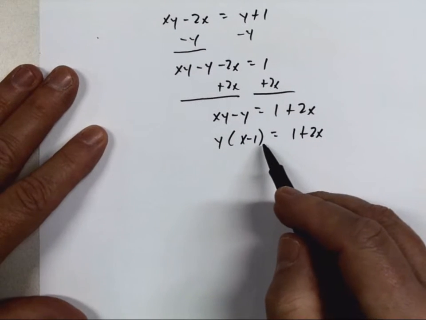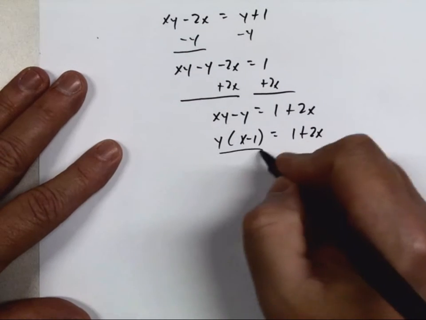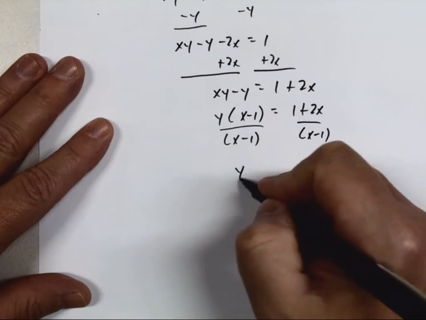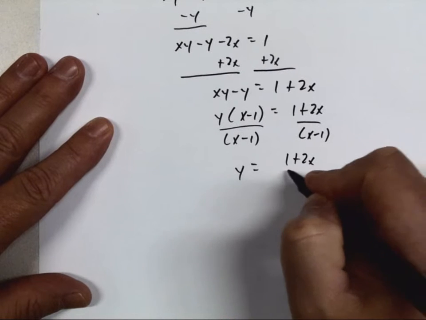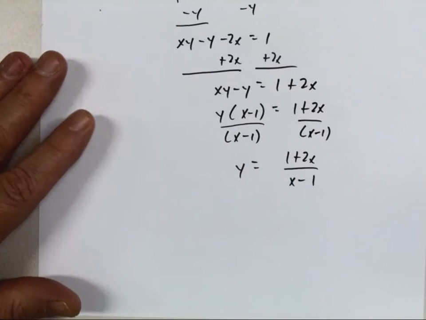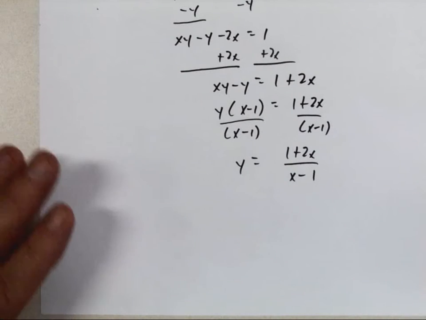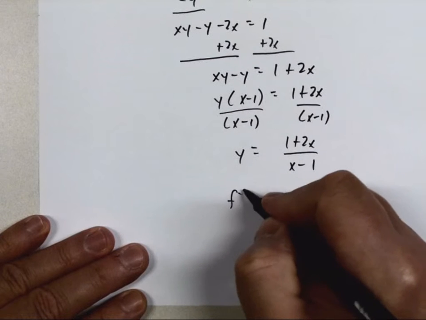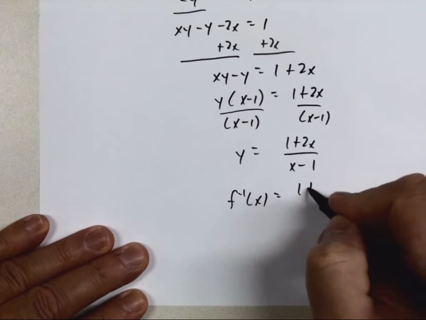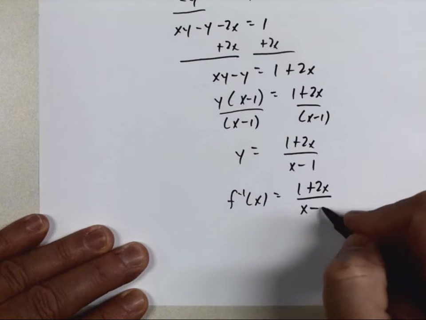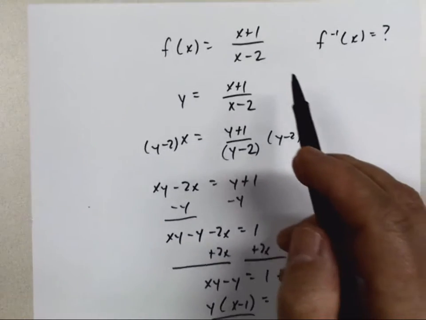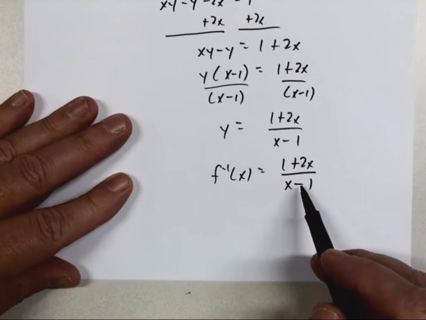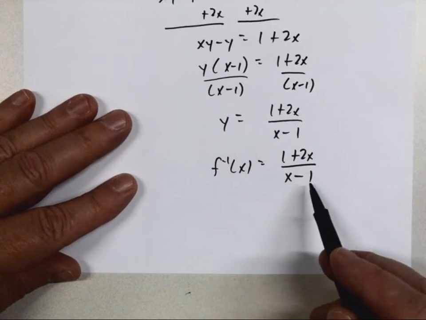And if I want to get y by itself, if I divide both sides by this whole parenthesis, then I get y equals 1 plus 2x over x minus 1. And then now it's a matter of simply replacing this y with my inverse function notation. So for f of x equals x plus 1 over x minus 2, the inverse function is 1 plus 2x over x minus 1.